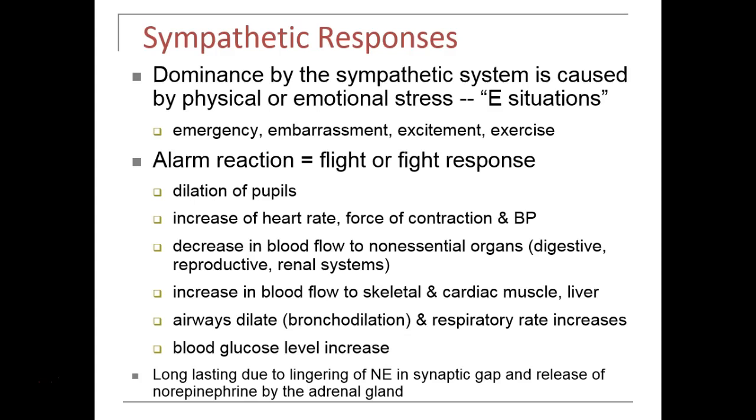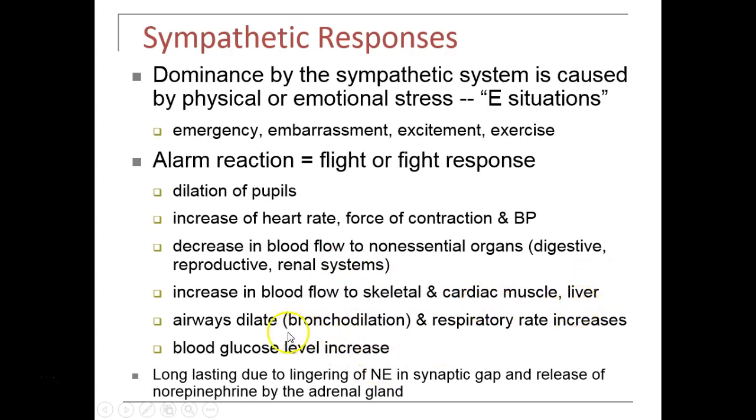Those two events in the liver increase with the sympathetic response, which increases our blood sugar. So we need more blood sugar because the skeletal muscles are trying to use as much energy as possible so they can contract more efficiently. So these are what I would call the essential organs to keep you healthy in an emergency situation: your brain, your lungs, skeletal muscle, cardiac muscle, and your liver.